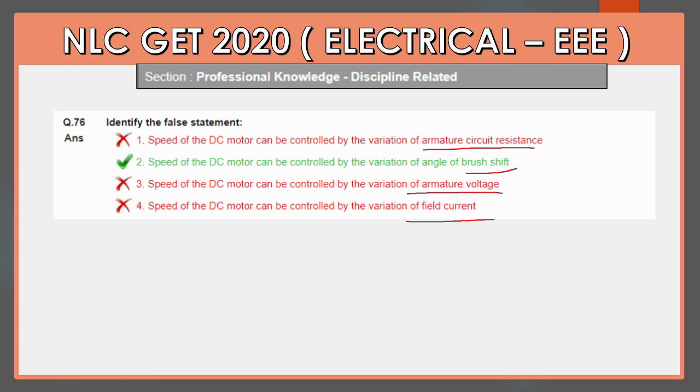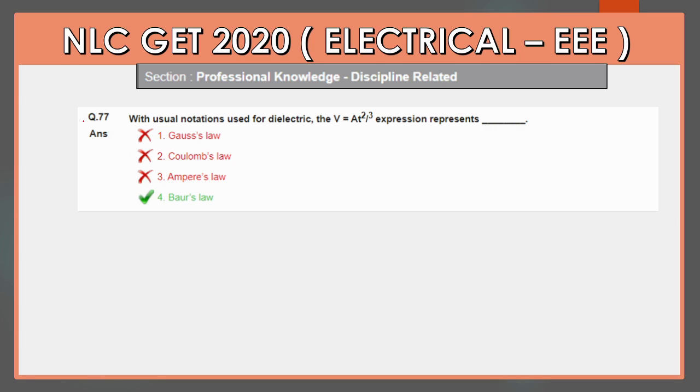We have never seen that by angle of brush shift the speed of DC motor can be varied. So the second option is incorrect. Next question, it is saying with usual notation used for dielectric V equal to this expression represent test. This is also a direct question from EMFT. The answer will be Bohr's law.